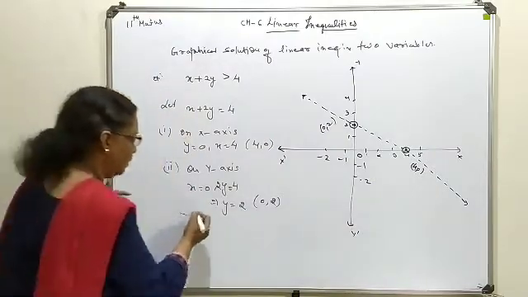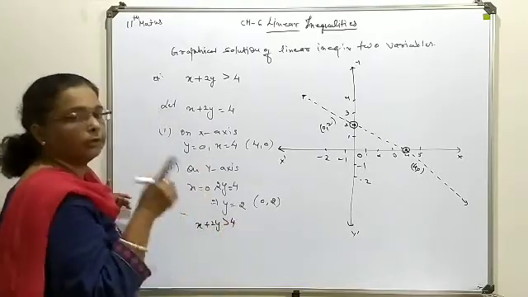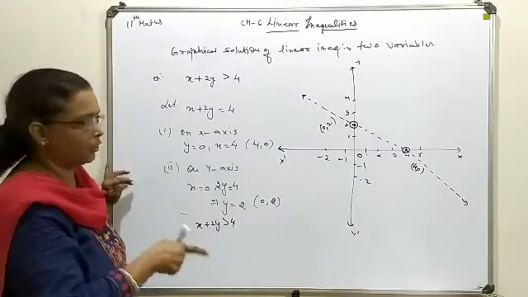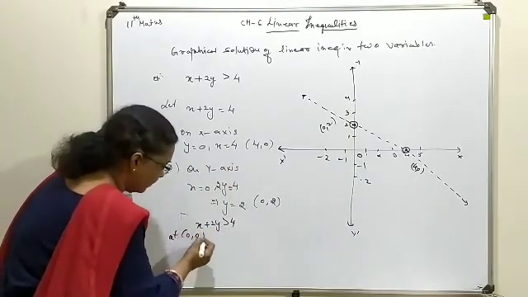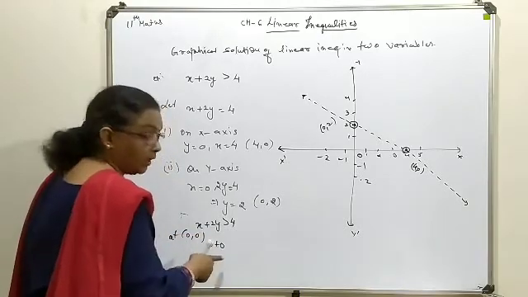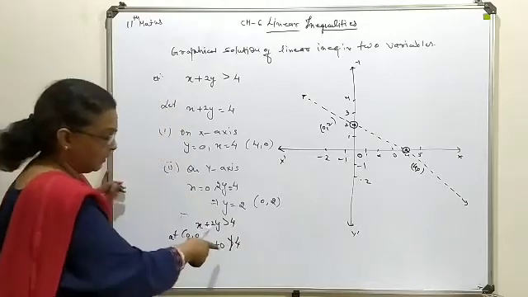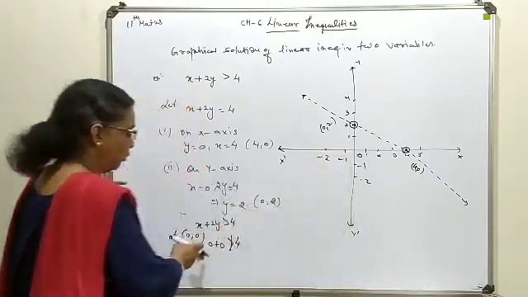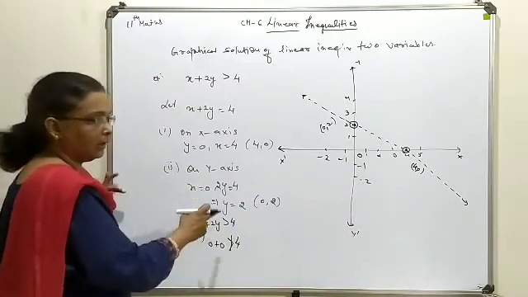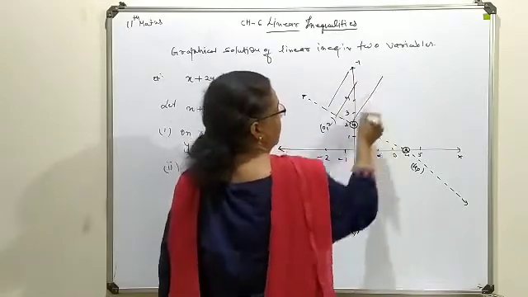So here you see your equation is this one. I told you to check for the origin position. So here you substitute (0, 0). 0 plus 0 is not greater than 4. It is a false statement, means this (0, 0) is not going to satisfy this inequality. That means on the opposite side you have to shade the region.